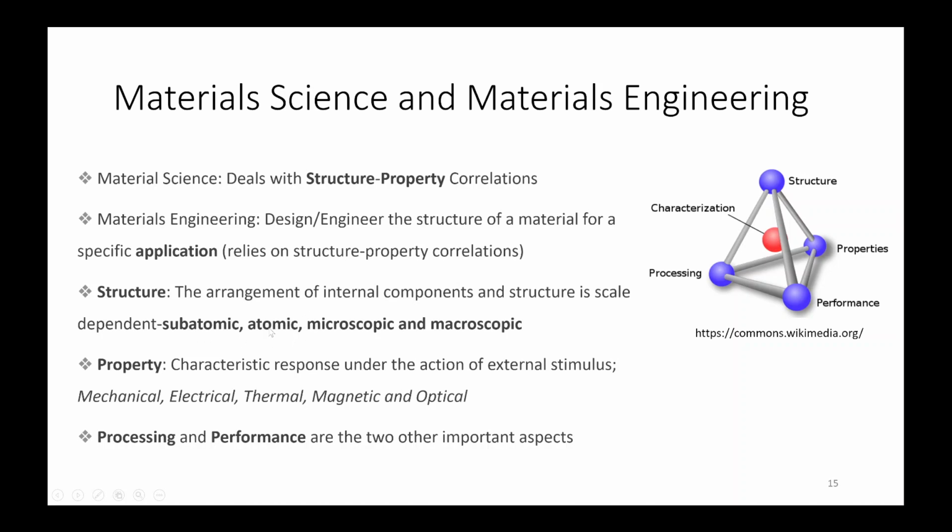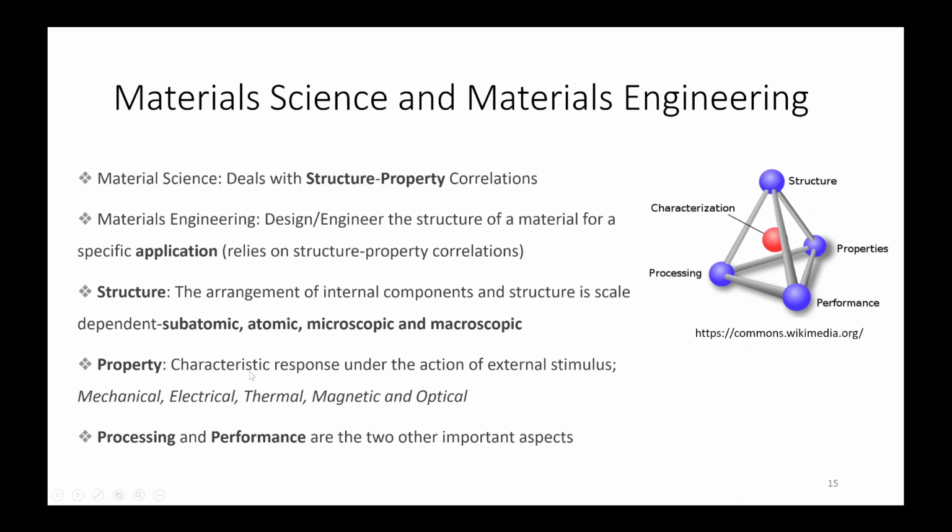Atomic arrangement, how atoms are situated in your crystal structure, will affect, for example, plastic deformation. It can be microscopic, so at a microscopic level there can be formation of some precipitates, there can be some impurities. And macroscopic can be presence of, for example, pores or cracks.